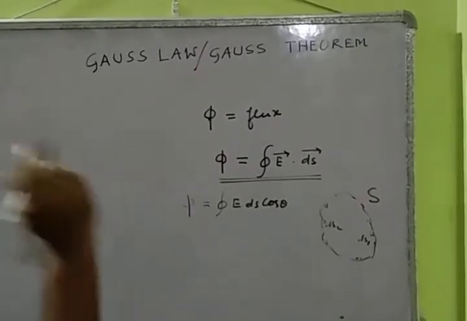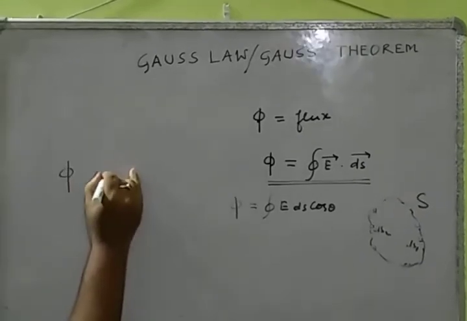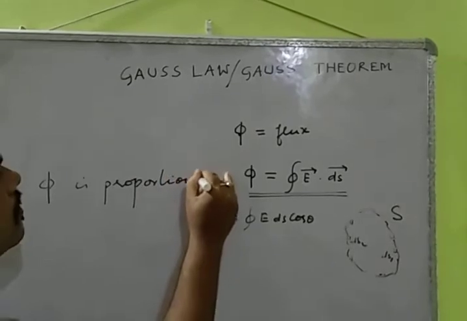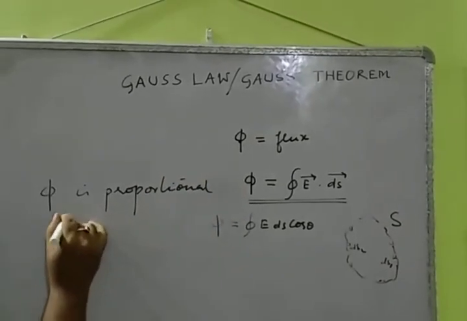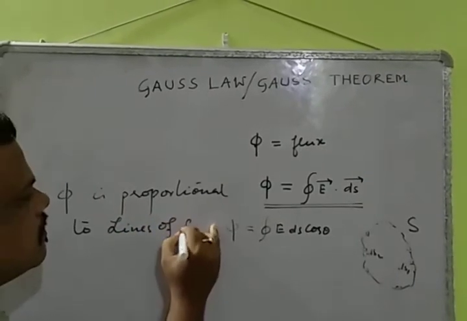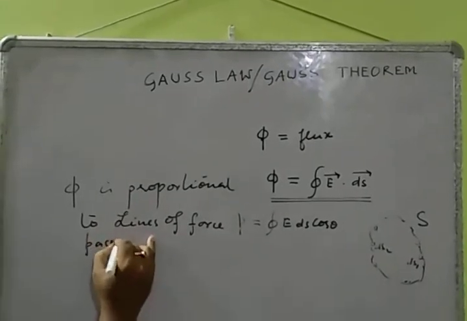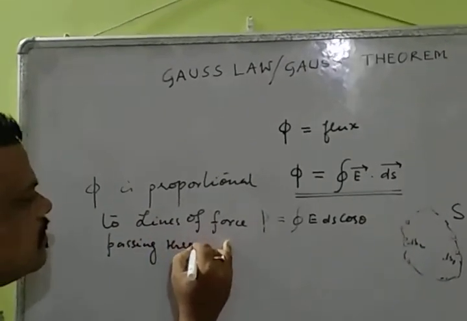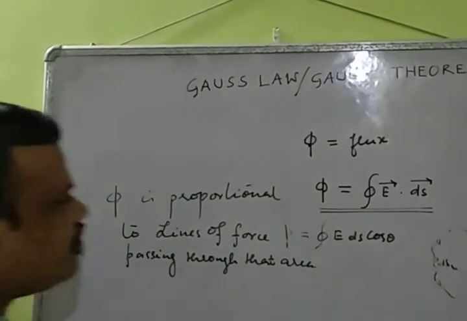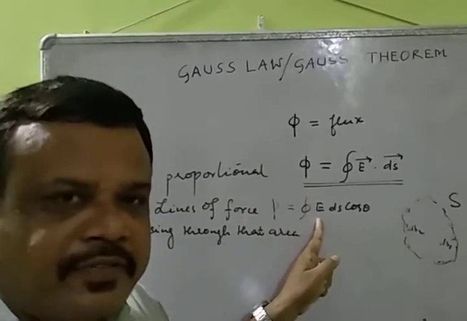Now, see very carefully, this electric flux is proportional to the lines of force passing through that area. Why? Because this is the electric field, meaning the intensity of the electric field.